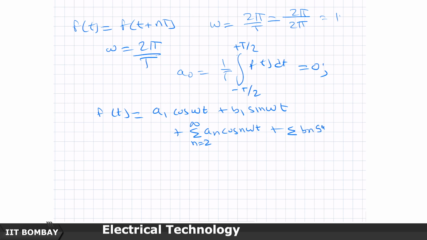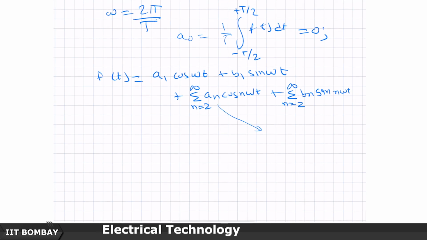and since I do not want to go deeper into this, I am just going to say that these harmonics usually are the way I have for example shown here. They reduce, in this case, in inverse proportion to n, sometimes they can reduce in inverse proportion to n square, whatever.